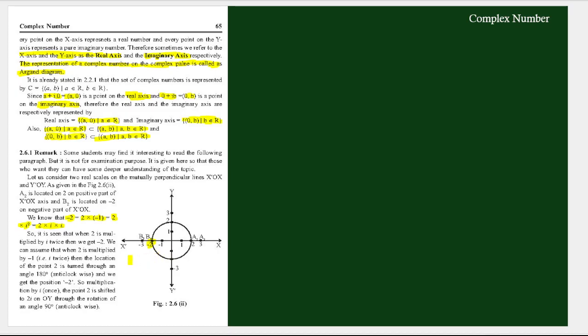Now -2: that 2 is multiplied by i twice, then we get -2. That means this 2, when multiplied by i 2 times, we get here. That means what is the angle of rotation?